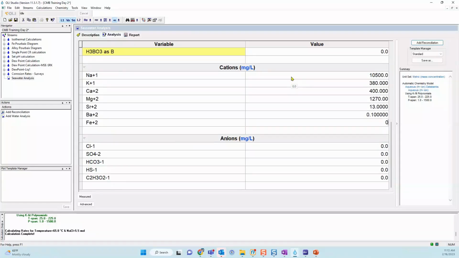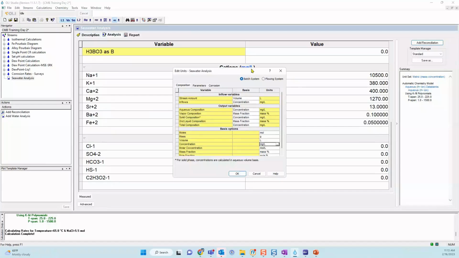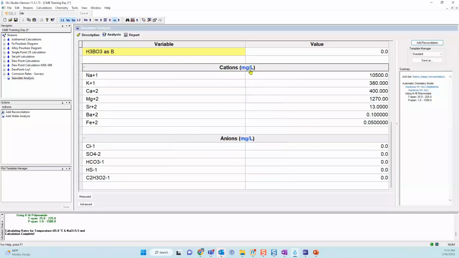And also some iron was measured in this water. You can always change the units. In some cases it's not milligrams per liter, it's another unit. You can change those units here in concentration. Sometimes it's in ppm, etc. So you can always make those changes directly by clicking on the hyperlink.